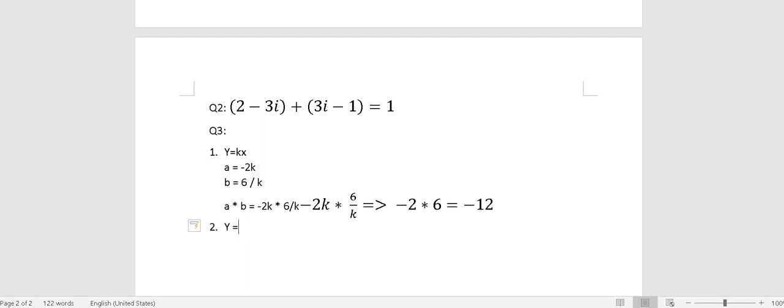You invent a random like 2x, right? And then you substitute, and A is 2 times minus 2 equals minus 4, and B is 6 divided by 2 equals 3, and so minus 4 times 3 is minus 12, which also is the correct answer.